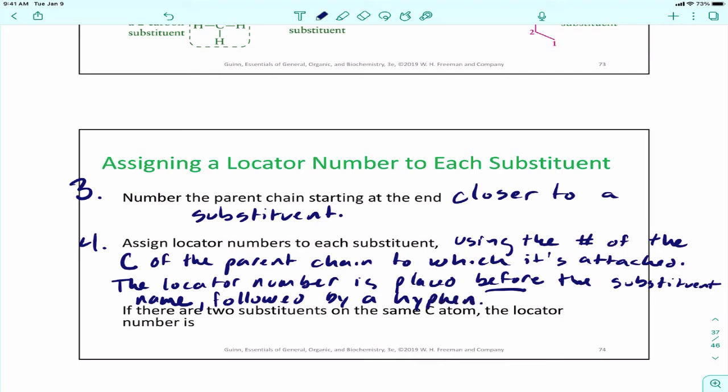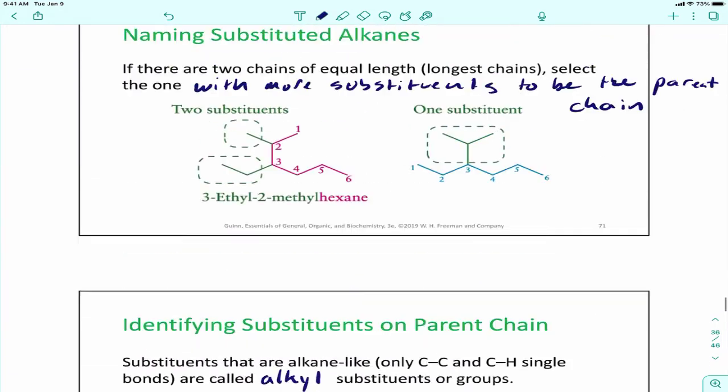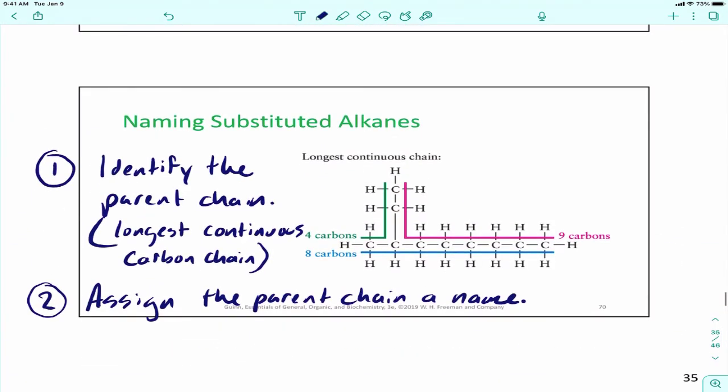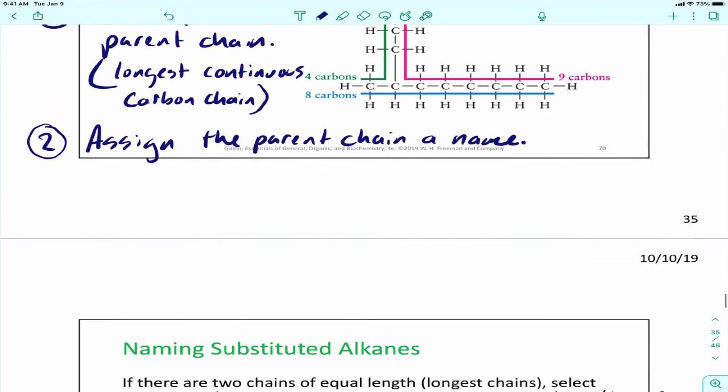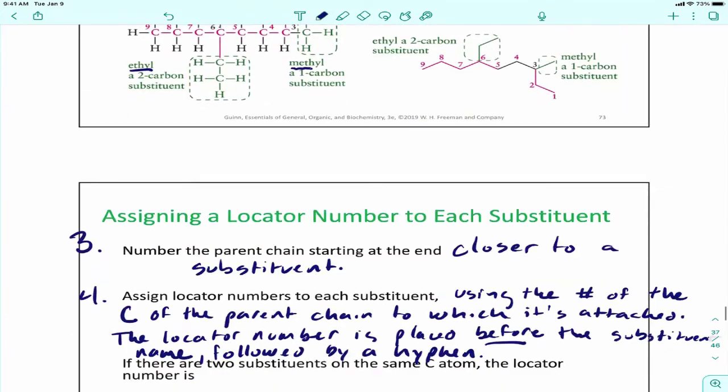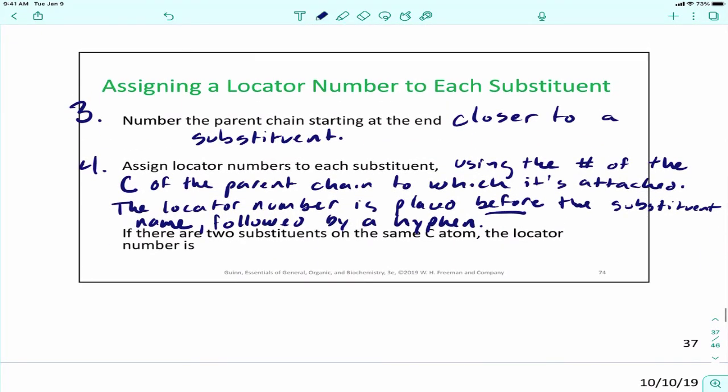All right, so again, step one, identify the parent chain. That's your longest continuous carbon chain. Step 2, assign the parent chain a name. Step 3, number the parent chain starting at the end closer to the substituent. Step 4, assign locator numbers to each substituent using the number of the carbon of the parent chain to which it's attached.